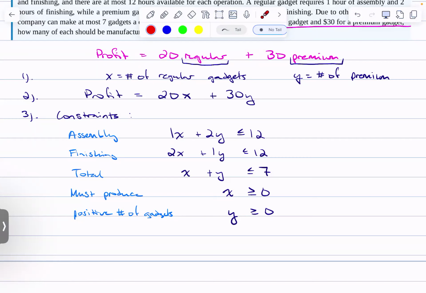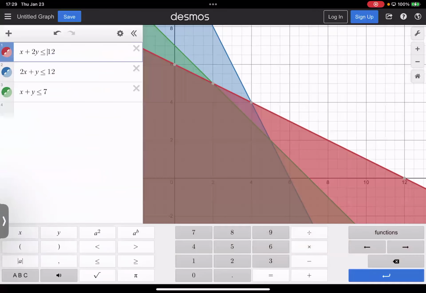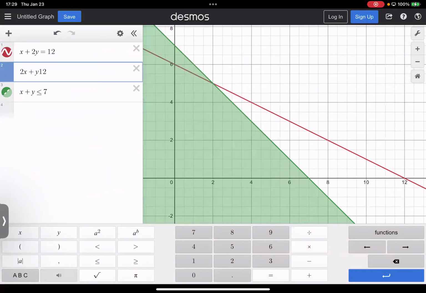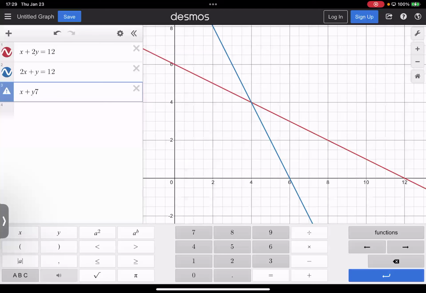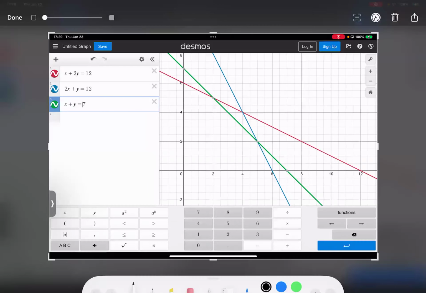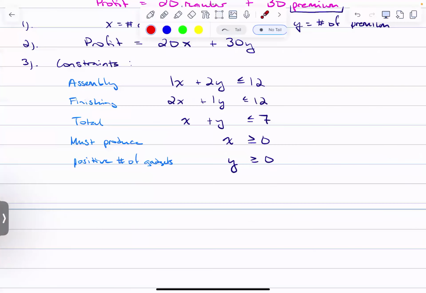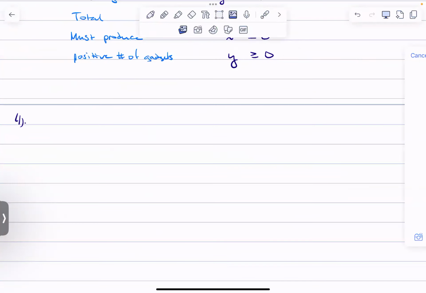So I would give you the lines, and it would look a little something like this if I made it equal to instead. I would give you a graph like this, but I wouldn't give you the legend, because that would make it too easy.